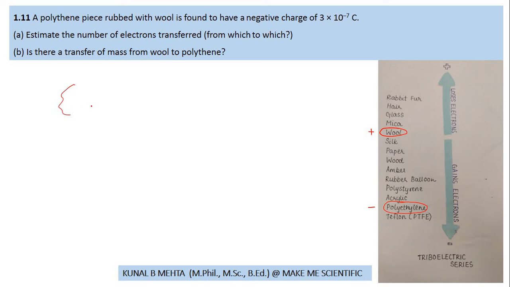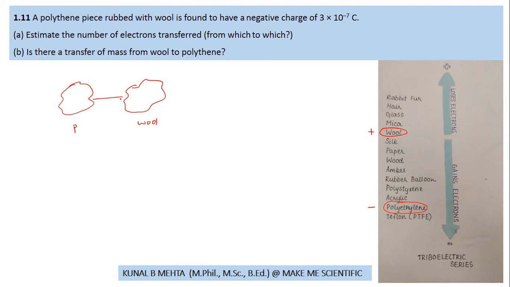So suppose this is a polythene cover. This is our polythene cover, guys, and this is a piece of wool. Now if I start rubbing them together, what is going to happen is the wool atoms have electrons.